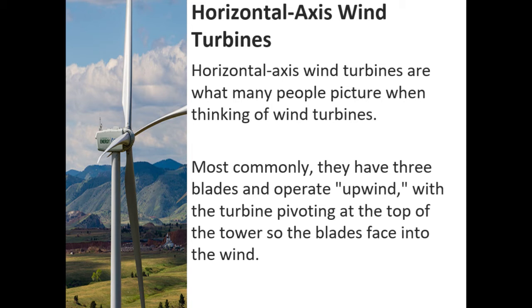With this type of wind turbine, you have to point it directly at the direction of the wind, as this allows the blades to take on the wind force at full speed without losing any.